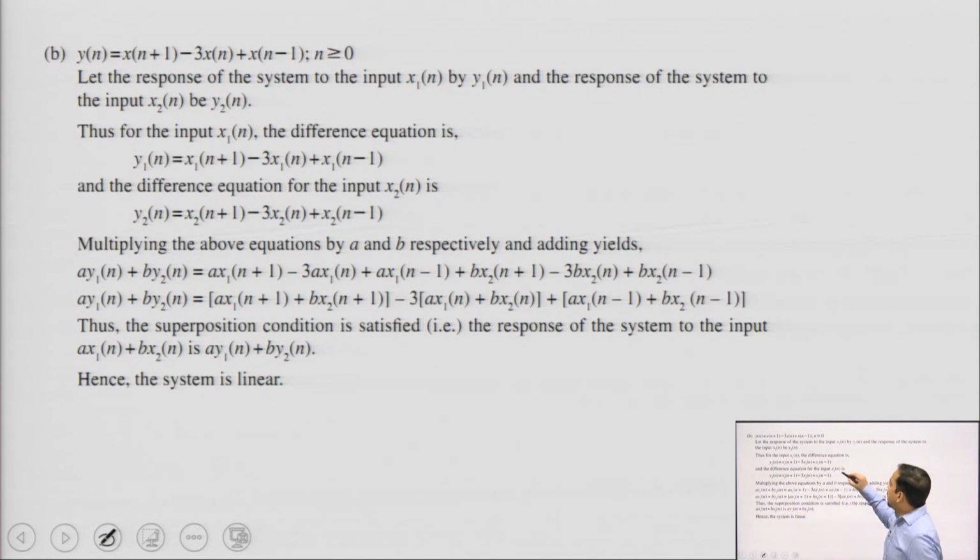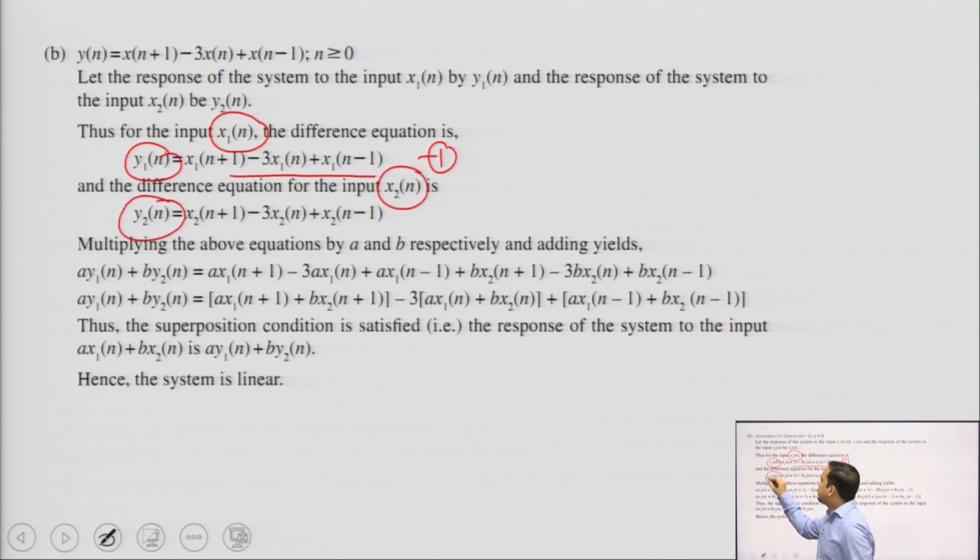So, first, if x1[n] is the input, so definitely it will give rise to y1[n]. So, we are getting an equation, which is equation number 1. Similarly, when the input is x2, naturally it will give rise to y2 here, and we are getting equation number 2. Now, we are multiplying equation number 1 by A and equation number 2 by B, and we perform the addition of the equations.